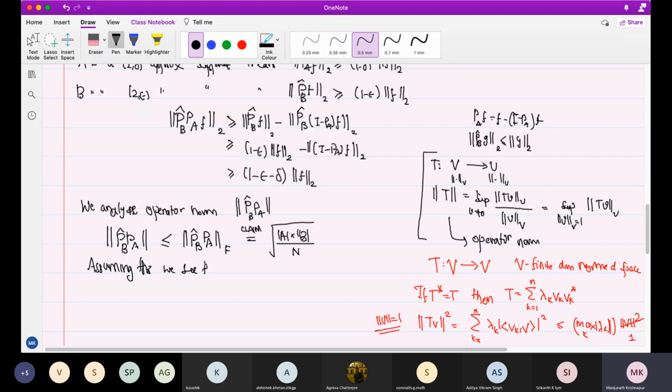We see that this one is at least 1 minus epsilon minus delta, because the operator norm is at least this. So in other words, the product of the cardinalities is at least n times 1 minus epsilon minus delta, the whole squared.